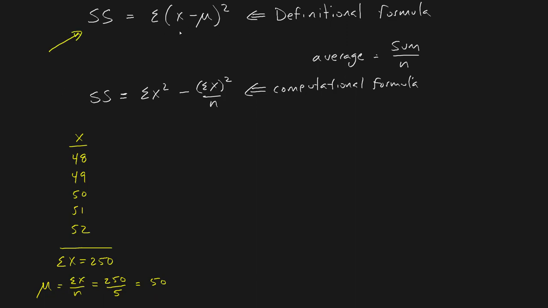So if I want to show you the definitional formula, the first thing that I do, considering that I have addition, that's what a summation sign is telling me to work with, I have brackets, I have subtraction, and I have an exponent.